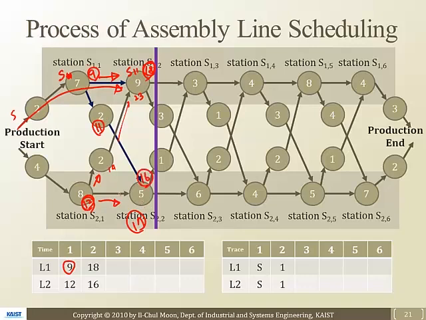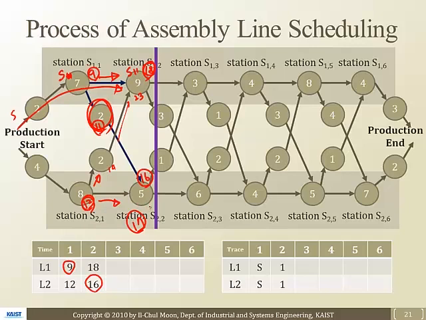Even though we spend extra minutes in the middle, taking the product from station 1, 1 and moving to station 2, 2 would be the best way. So we put 16 here, not 17, because 16 is the smaller value and is a better way to get to station 2, 2 rather than coming from station 2, 1, right?